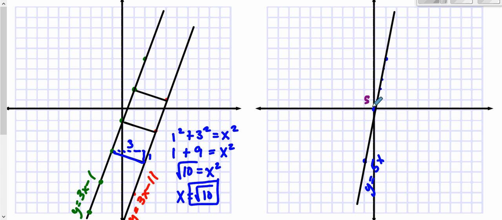So we'll go up 5, 10, 15, 20, 25, and then 26. And then I'll go up 1, 2, 3, 4, 5 over 1. I'm a little bit above here, so I'll go down 2, 3, 4, 5, and over 1, and that's going to give me a really nice looking picture there.